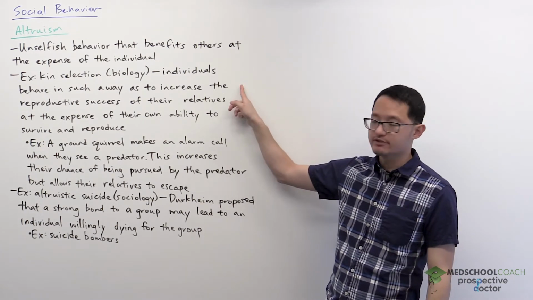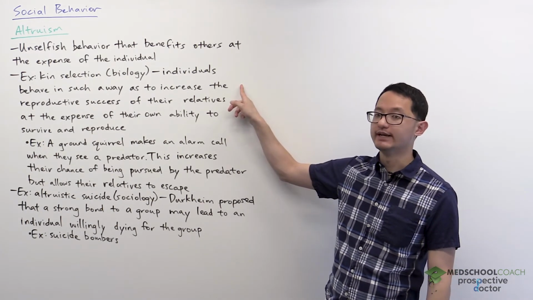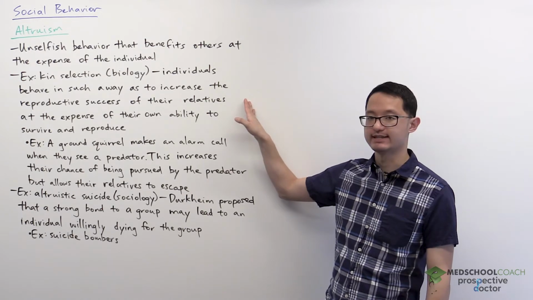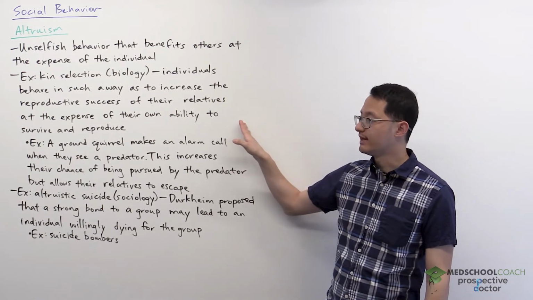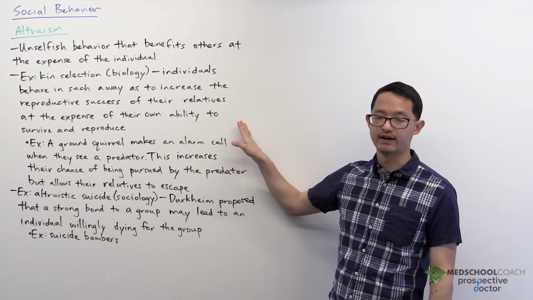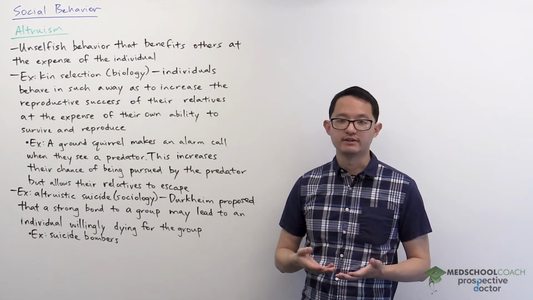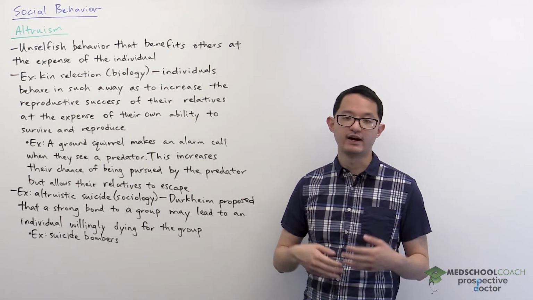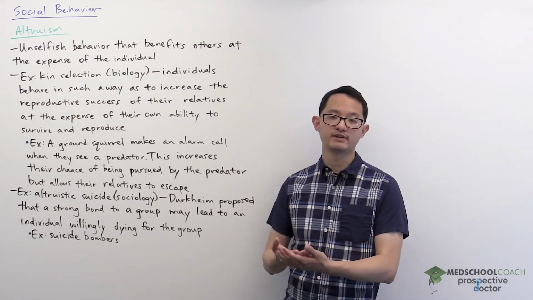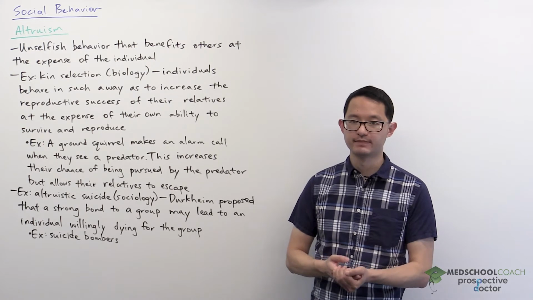This is when individuals behave in such a way as to increase the reproductive success of their relatives at the expense of their own ability to survive and reproduce. So the idea is that organisms are always trying to survive, reproduce, and pass on their genes to the next generation.